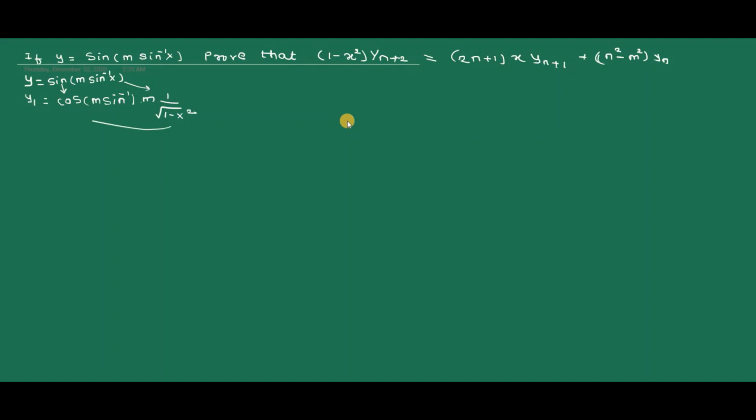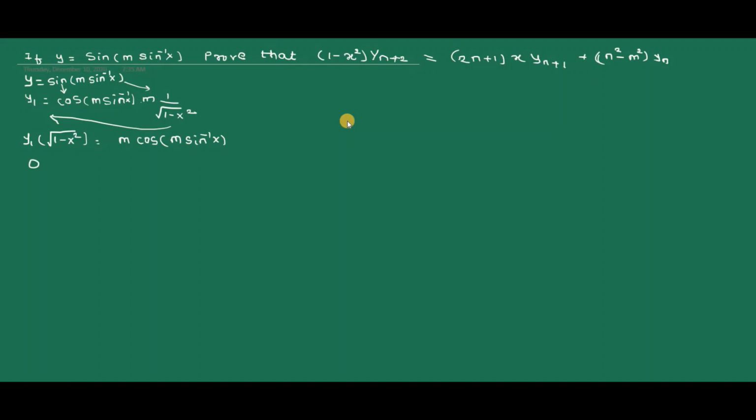Now transpose this root 1 minus x square to the left hand side: y1 into root 1 minus x square is equal to m cos(m sin inverse x).